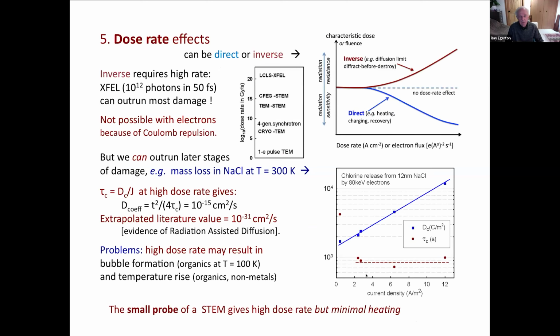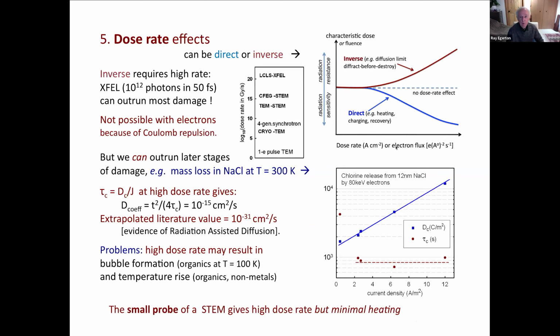Dose rate effects occur. I've assumed up to now that the characteristic dose is independent of the dose rate, but some measurements show that it's not, and we can have either an inverse dose rate effect where the characteristic dose increases with dose rate, or a direct dose rate effect where it decreases, the material becomes more sensitive.